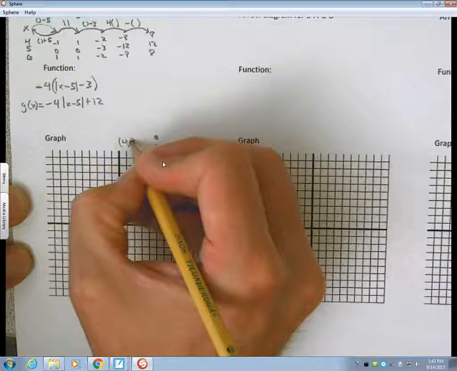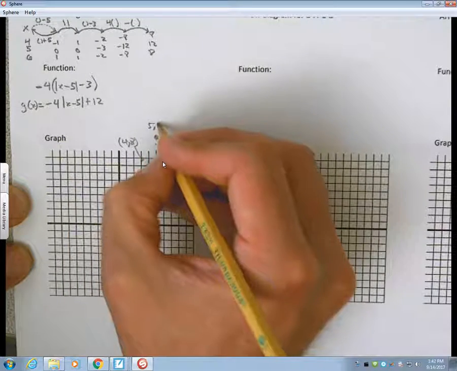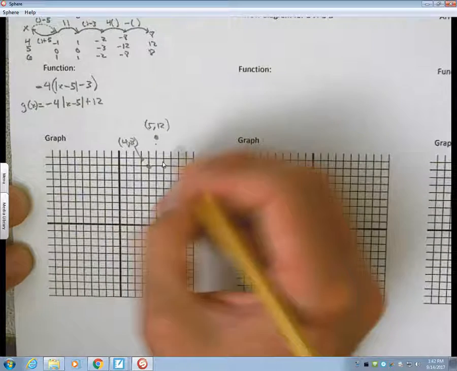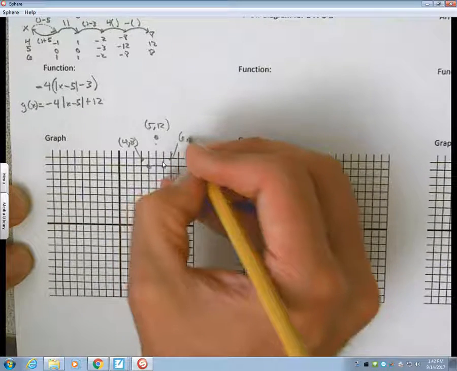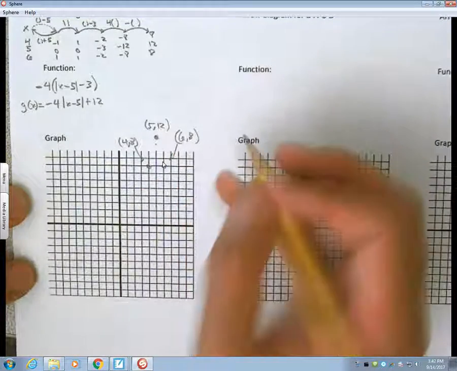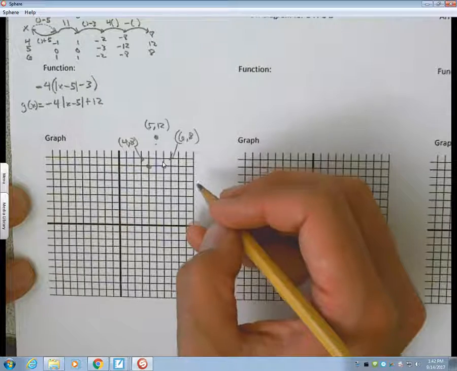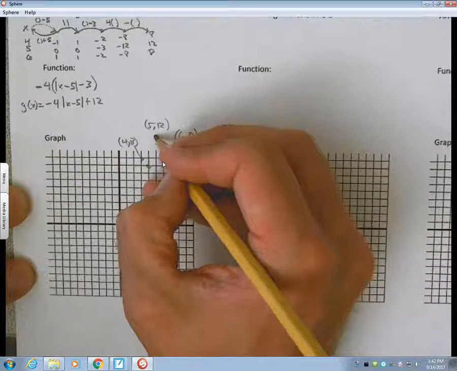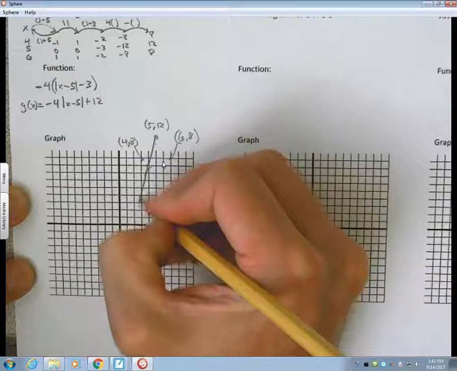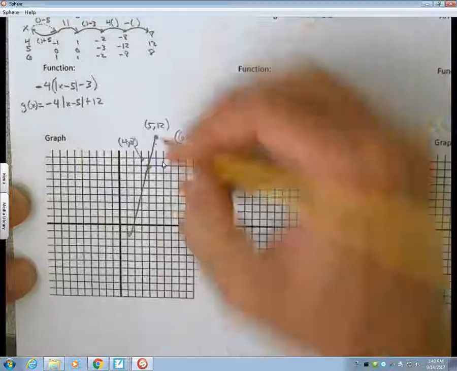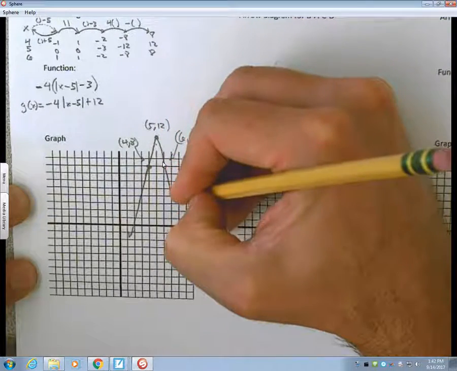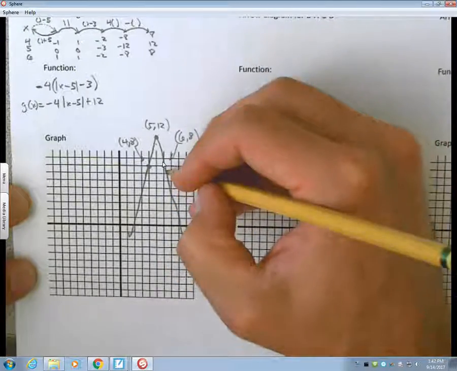And then I'm going to have another point at 6 comma 8. My parent function was absolute value. It should be in the shape of a V, and I can see exactly where that V should be. It's going to come from here down this direction, and from here down this direction. I should have grabbed a ruler. I really am unhappy with how not straight that is, but that's where that graph should go.